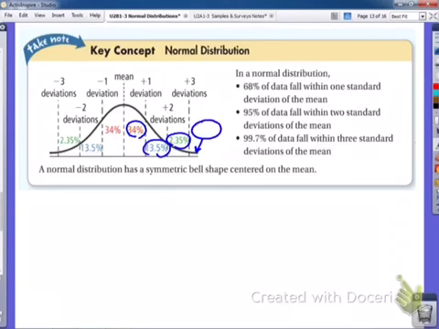Yes, sir? 0.15. 0.15 is correct. 0.15% falls to the right of the outside of 3 standard deviations from the mean. So 0.15% on this side, and also 0.15% on the outside, on the left side.